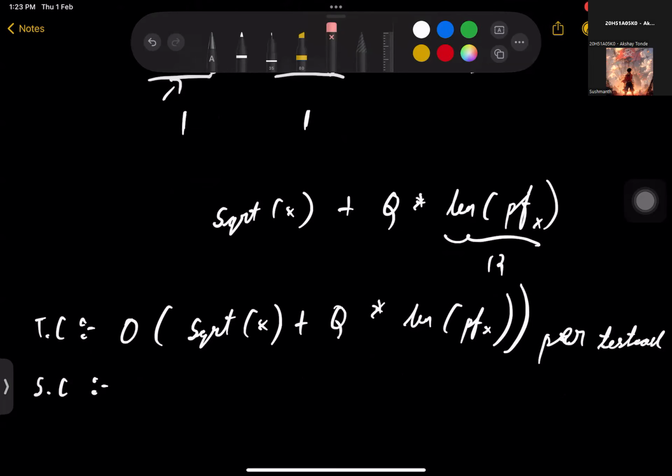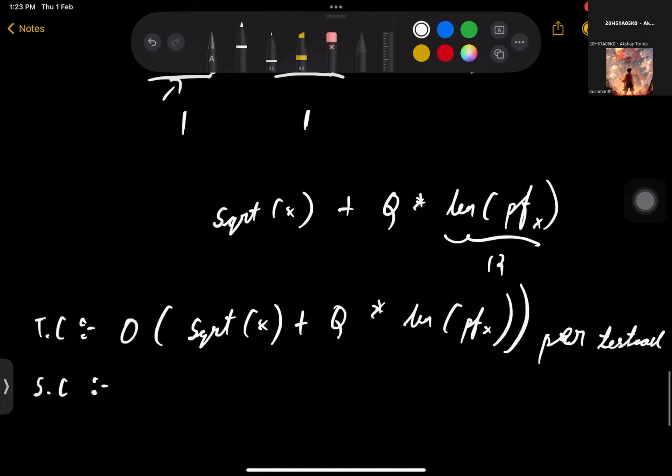And we can see that square root x is very large compared to this value, as queries can be 200 and length of primes can be 12 at max. So in the worst case, we can say it would be 1000 into square root of 10 power 9, which is nothing but 1000 into 3 into 10 power 4, which is sufficient enough to pass in 1 second.